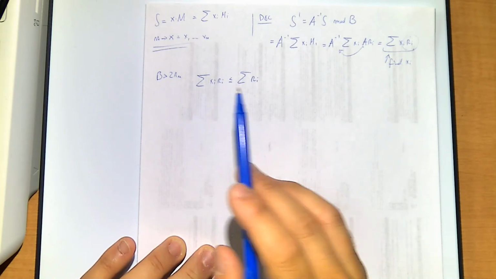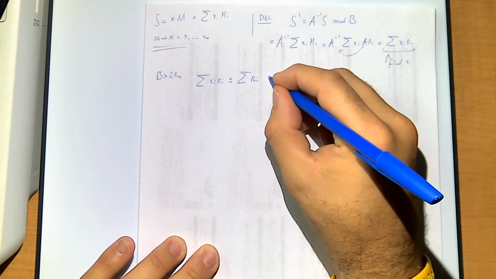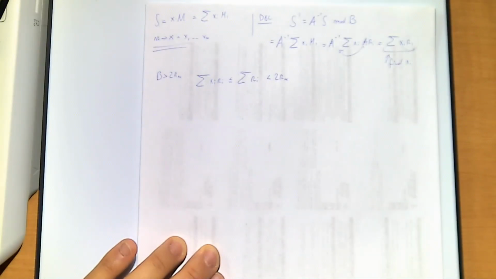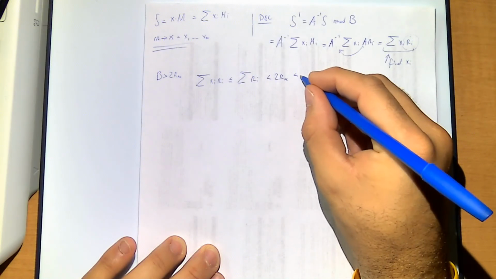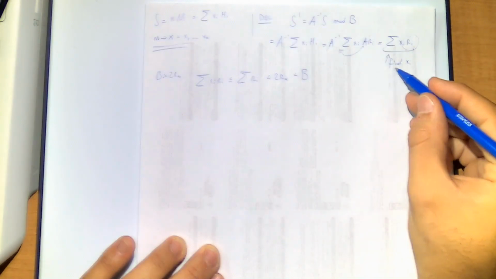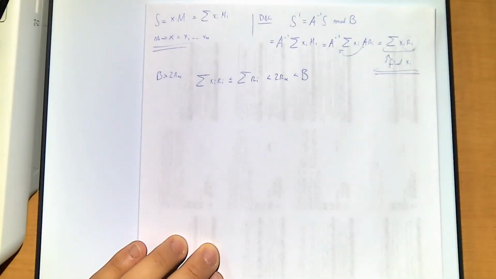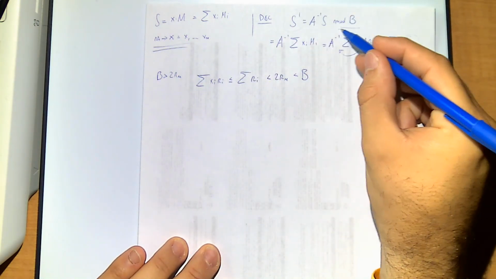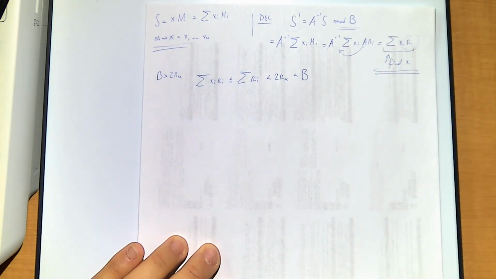And then obviously this is less than 2Rn because the sequence is super increasing. And of course this is less than B. So when I do this, I'm going to find the exact one that I want. So if I choose S prime modulo B, then I get an equality rather than just a congruence.